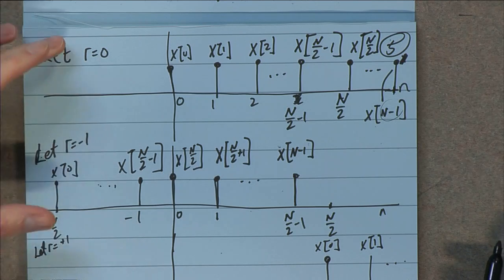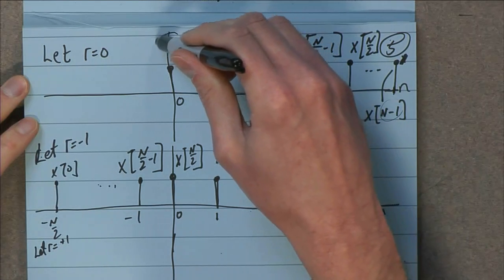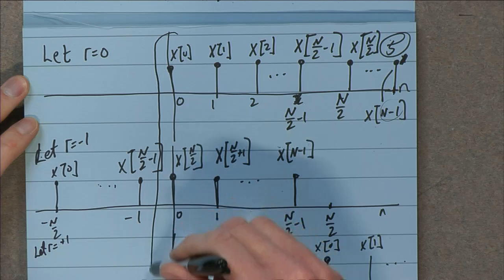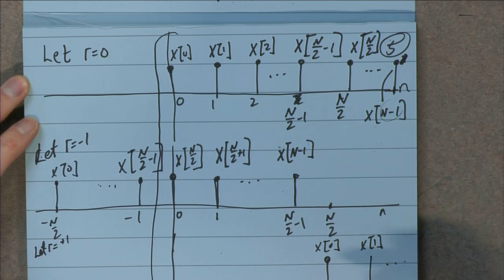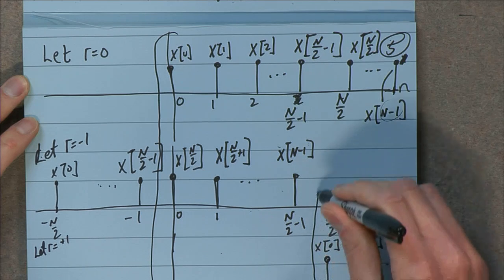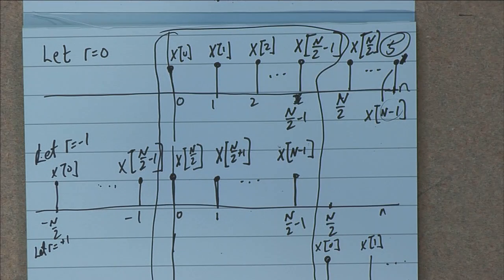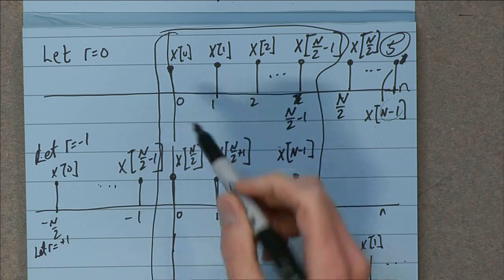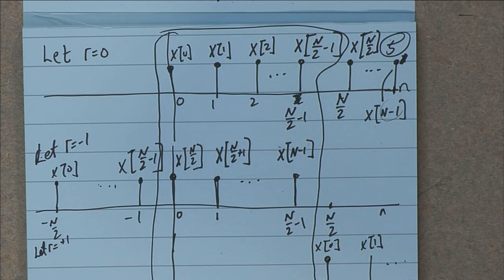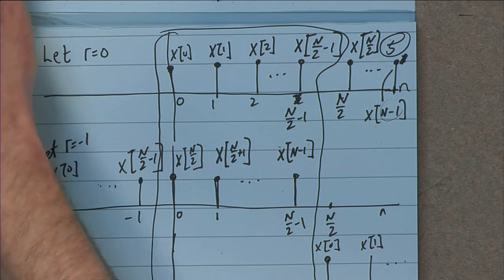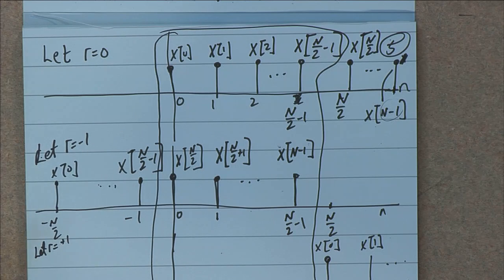So what happens if we just sum these things up? If we look in this area right here to n over 2 minus 1, we end up with x0 plus xn over 2, x1 plus xn over 2 plus 1, etc. So what has this done? It has done two things.